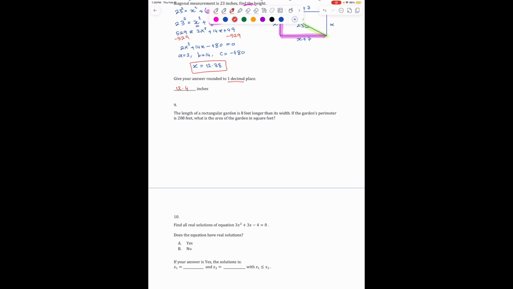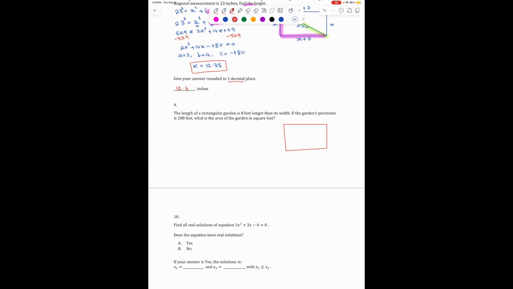Question number 9. The length of a rectangular garden is 8 feet longer than its width. If the garden's perimeter is 208 feet, what is the area of the garden in square feet? So again, I'm going to sketch the garden, which is a rectangle.